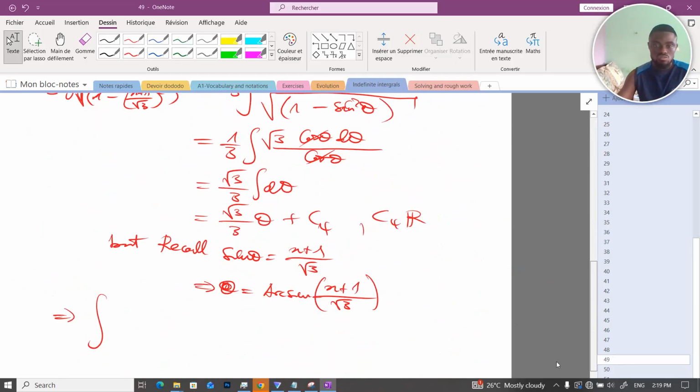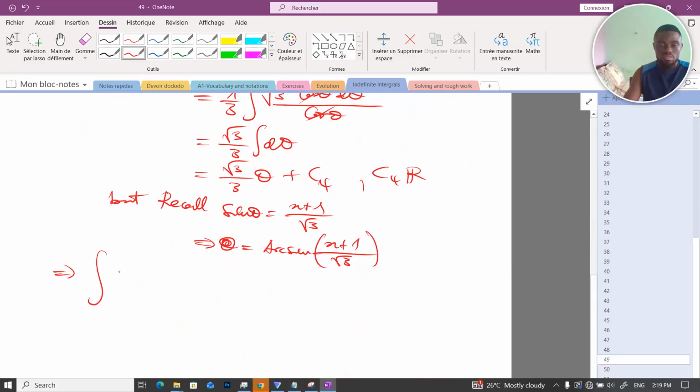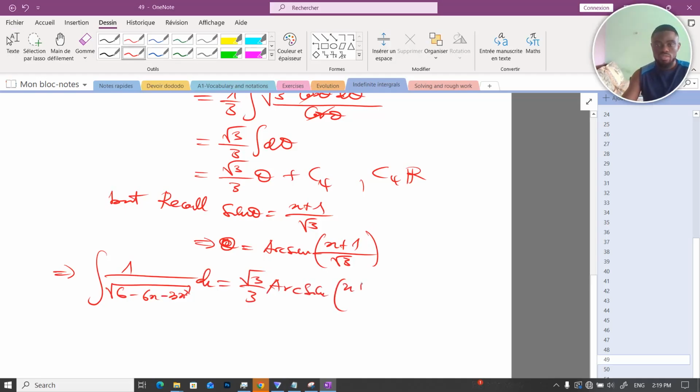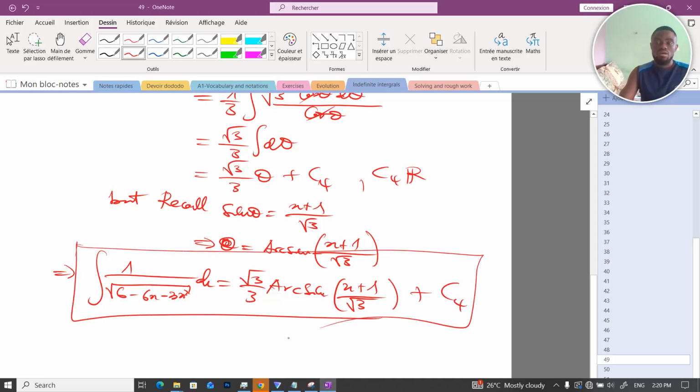So it implies the integral of 1 all over the square root of 6 minus 6x minus 3x squared dx will be equal to root 3 on 3, my theta I replace by this, arc sine of x plus 1 on root 3 plus our constant of integration C4. So that's the integral. That's how simple it was.